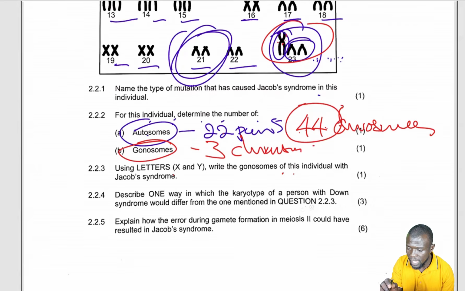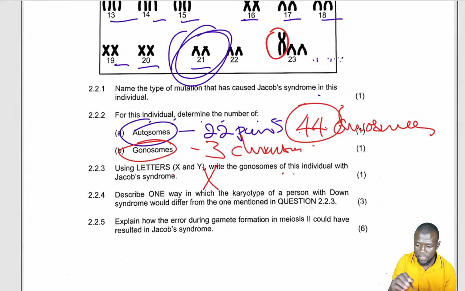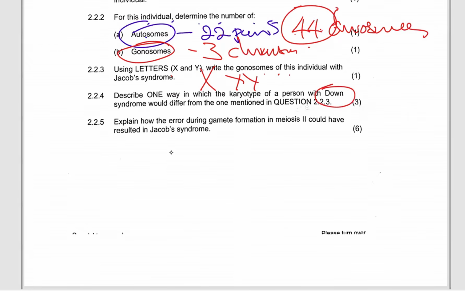So we see that the one which is long is X. Let me clear it up so that you're able to view. This is X, this is X, this is X, and then this is Y. So basically that is it. They're saying describe the way in which the karyotype of the person with Down syndrome will differ from the one mentioned above. Remember, in Down syndrome, the trisomy happens on chromosome number 21.